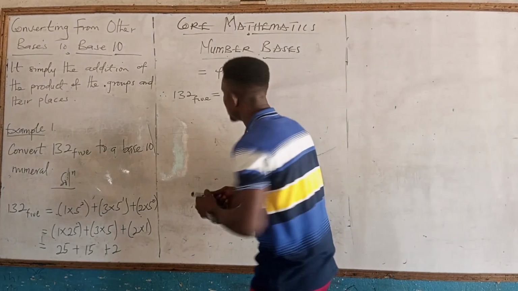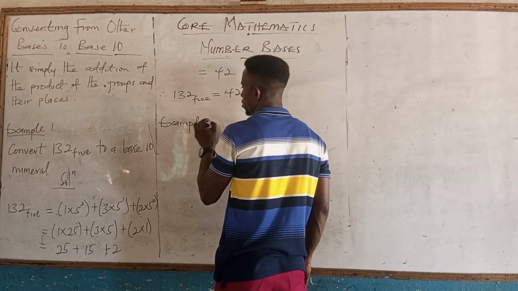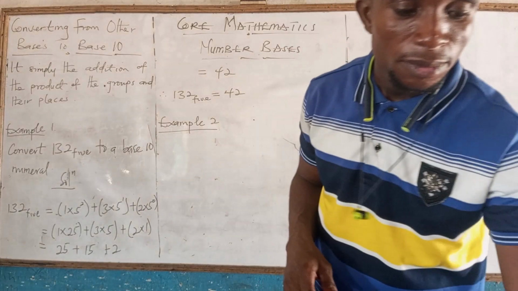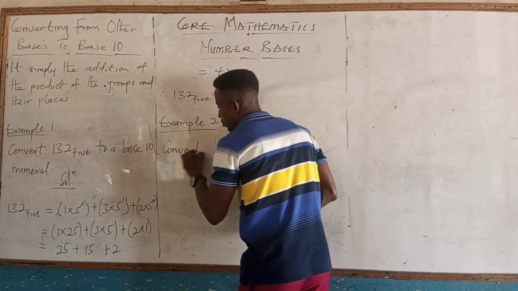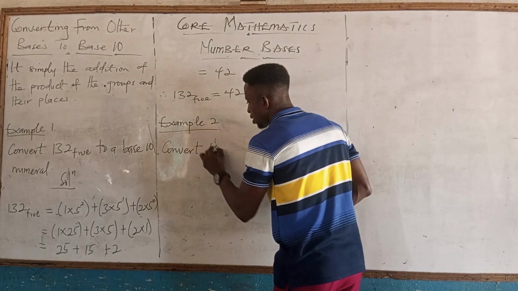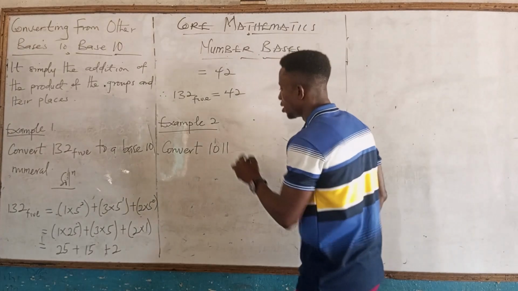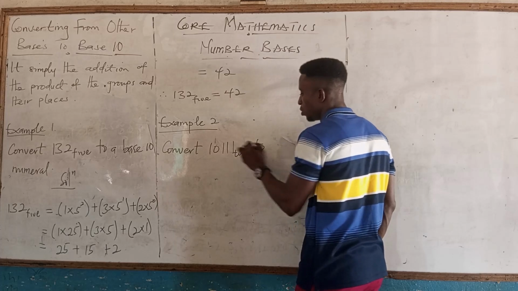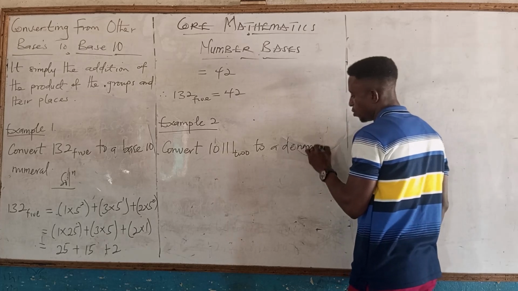Okay, let's proceed. Example 2 says, convert 1011 base 2 to an ordinary numeral.